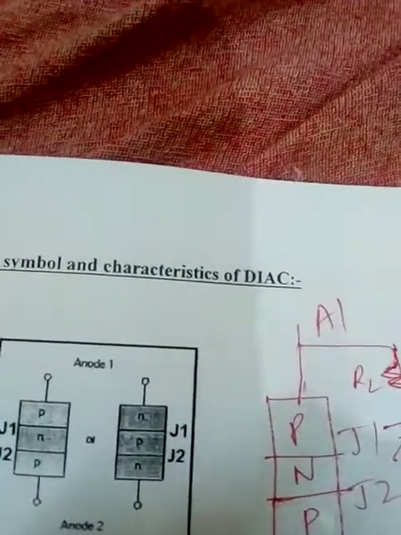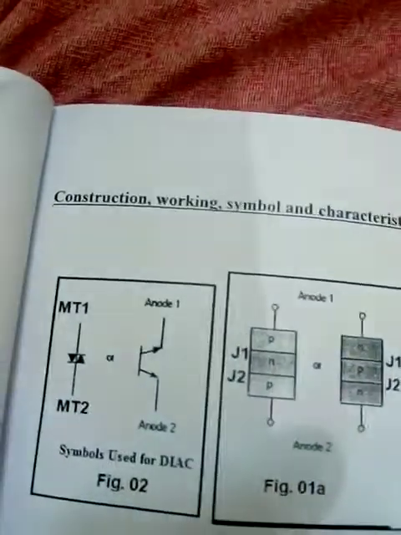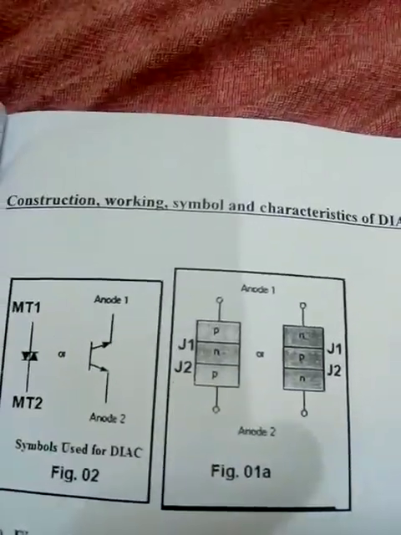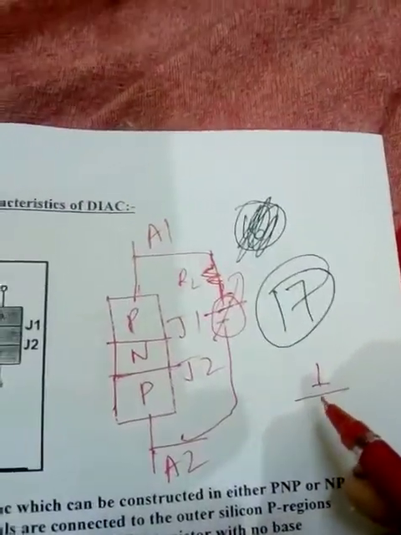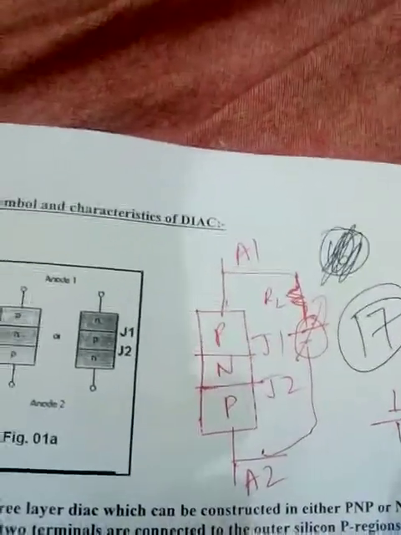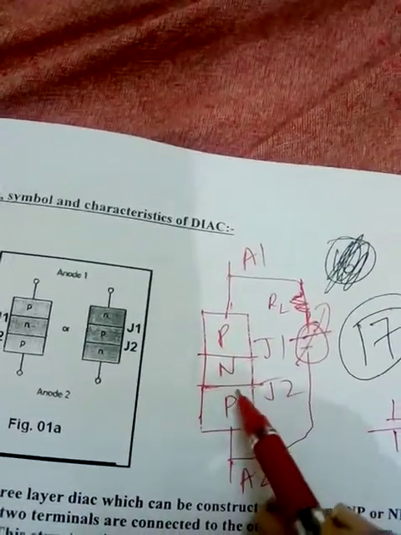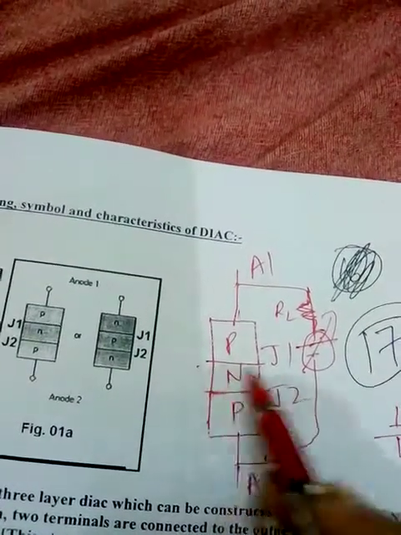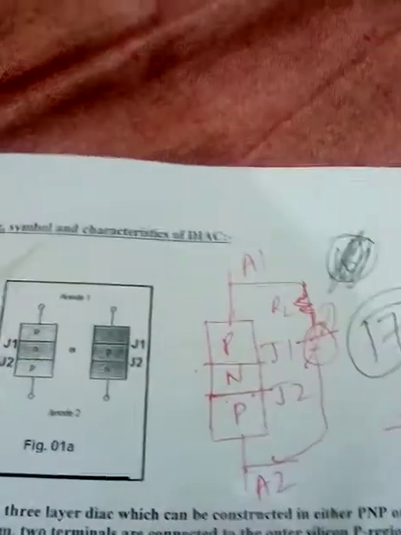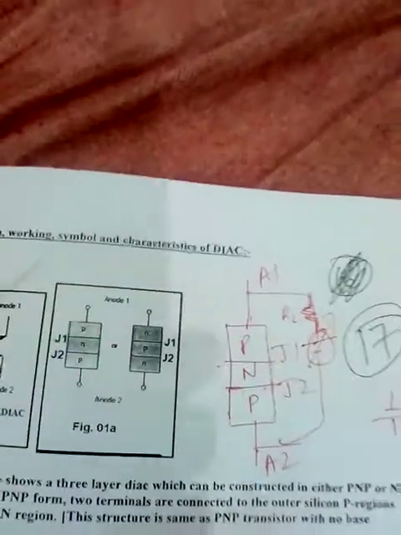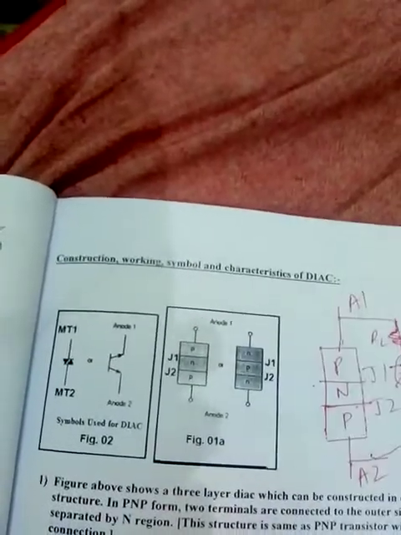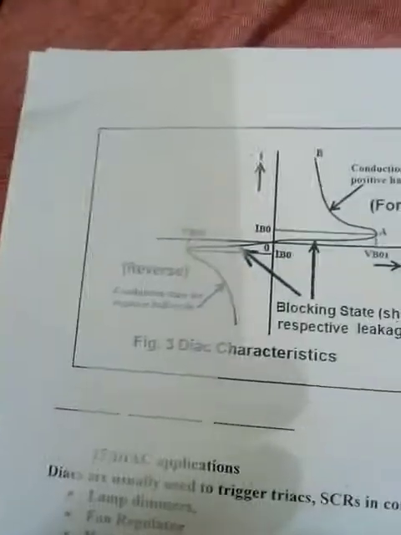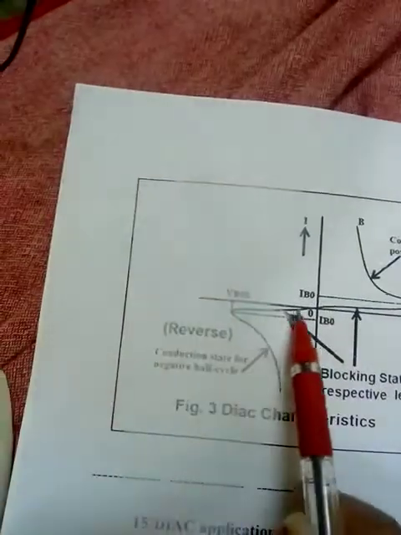Now in the reverse case, suppose you give the voltage in reverse, like this. Now the opposite happens: junction J2 will be forward biased and J1 will be reverse biased, and the reverse process will take place and you will get the characteristics as shown here.